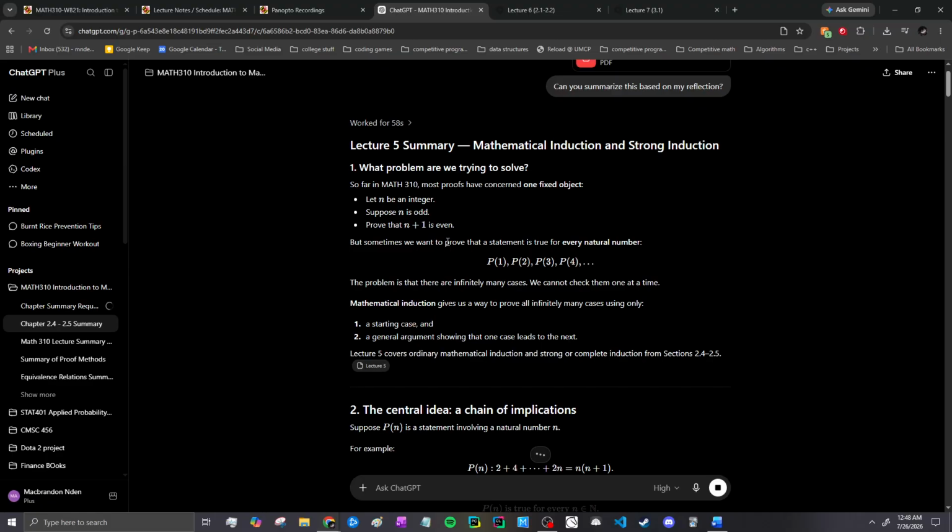Here n can be anything. And then you're saying that whenever P(n) is true, then the next sentence, P(n+1), is automatically true. One case leads to the next. And then the idea is that if those 2 things are true, then P(n) is true for all n inside the natural numbers.